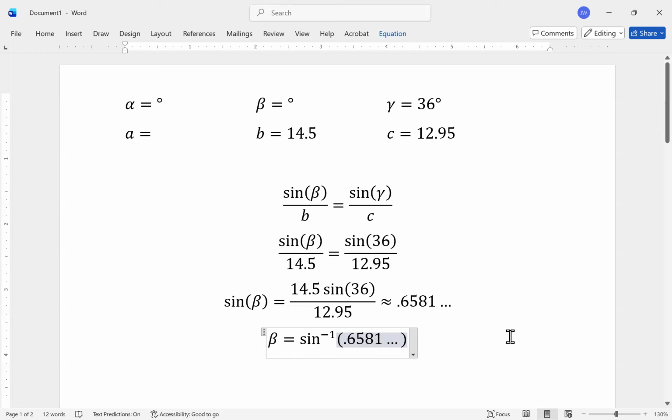Again, when I'm typing this into my calculator, I don't use a rounded version as my input. I always use the exact version as my input. That's why I'm putting the dots there. And when I do a sine inverse in this situation, I end up with an angle which is 41.16 degrees.